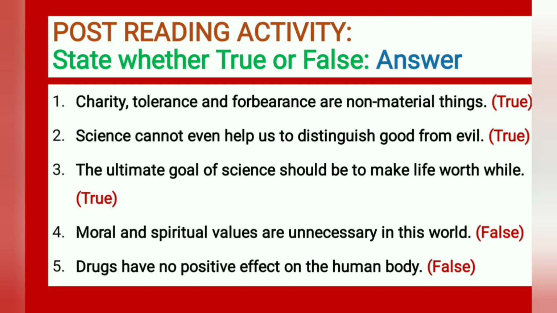Yes, that's also true. Number four, moral and spiritual values are unnecessary in this world. This is false. These are the most important things that should be there in the world. Number five, drugs have no positive effect on the human body. And it is also false because if you remember, these drugs have increased the average lifespan.